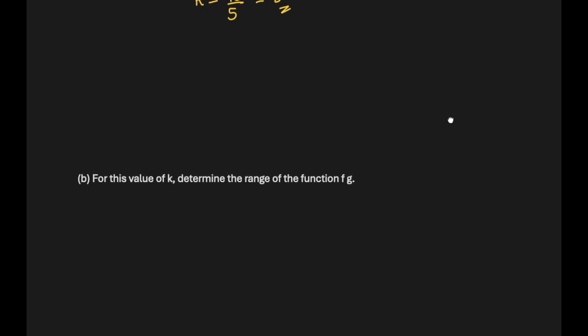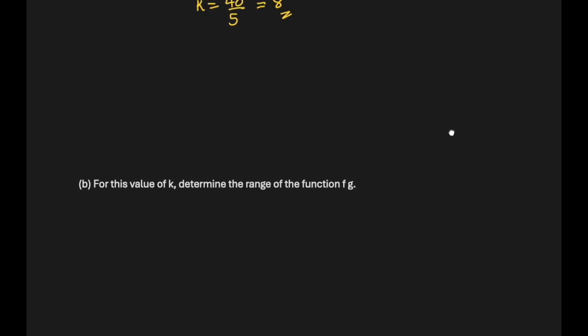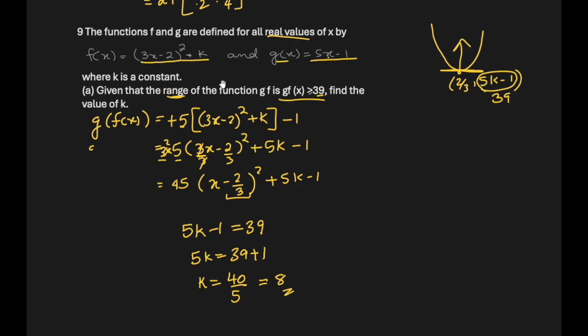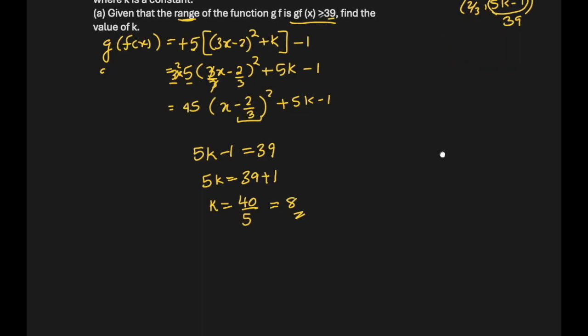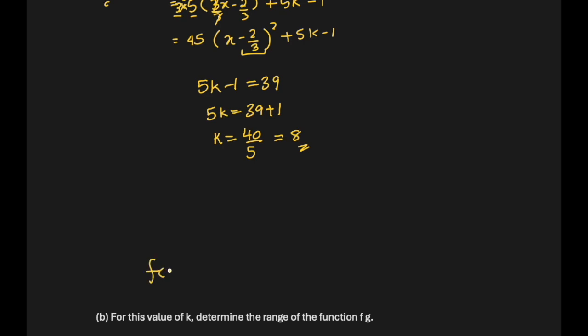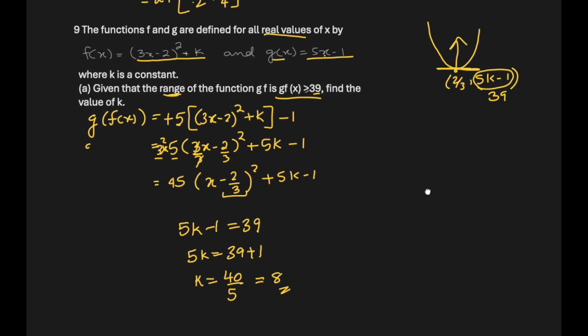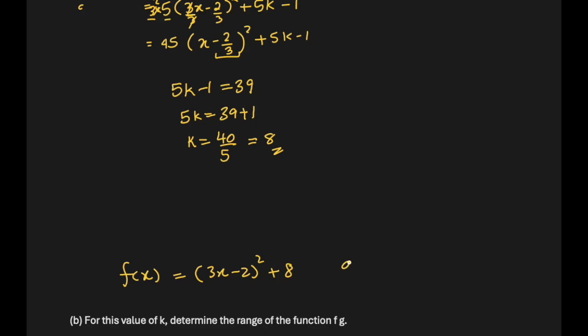For this value of k, determine the range of the function fg. So we'll substitute this here. f(x) is (3x minus 2) squared plus k, and in place of k I will write 8, so (3x minus 2) whole squared plus 8. And g(x) is 5x minus 1.